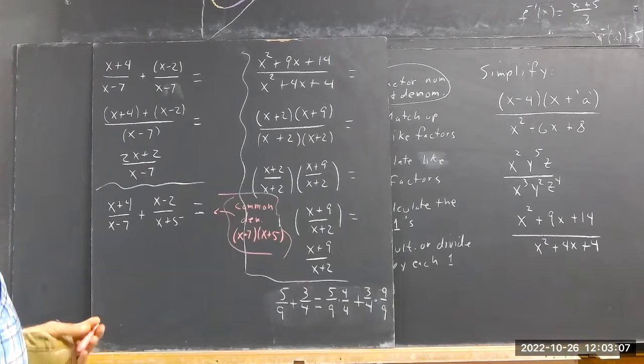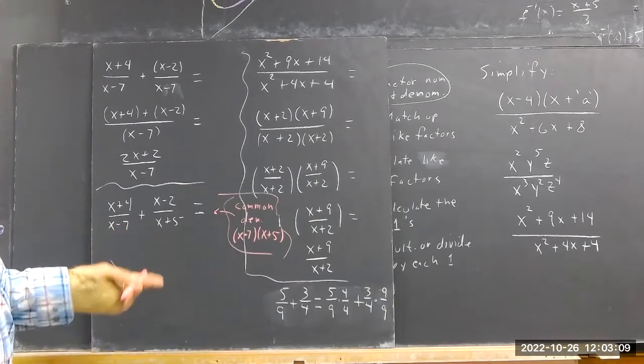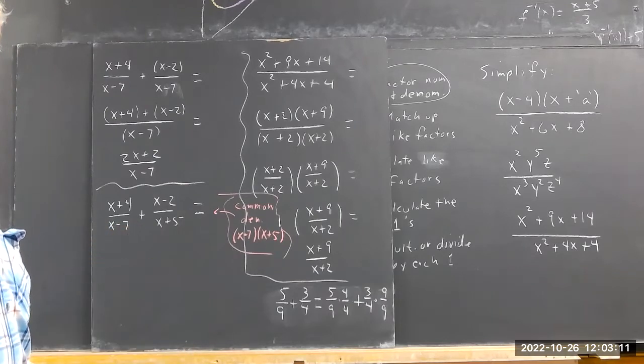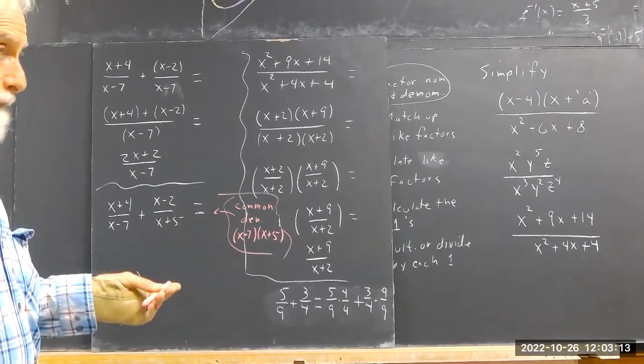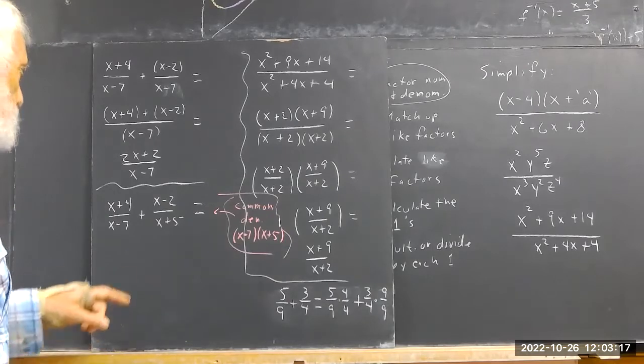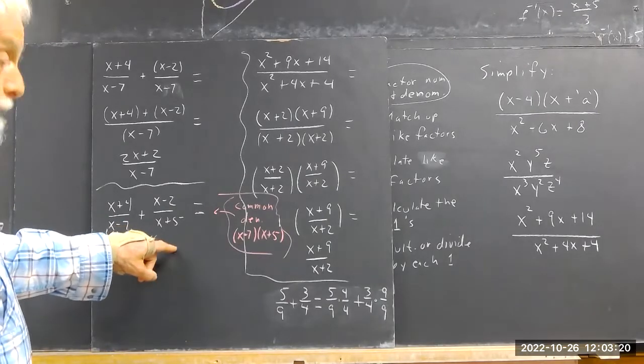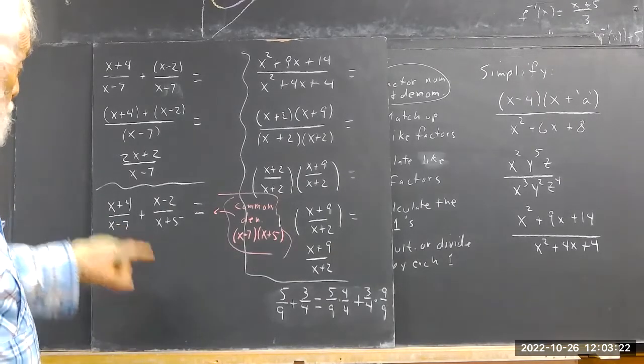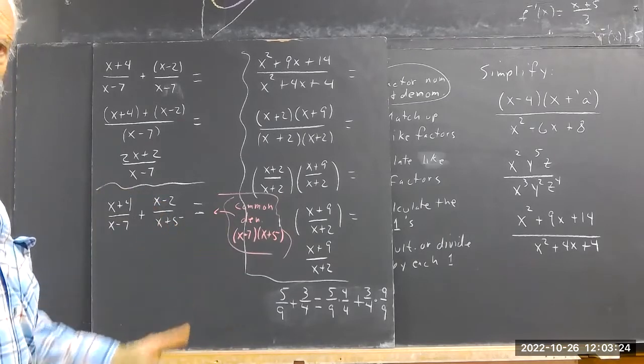But some people just wanted to multiply out x minus 7 and x plus 5 and make that the denominator, and then maybe add numerators or something. You can't do that, because if you make the denominator x minus 7 times x plus 5 and don't change the numerators, it's not going to be equal.